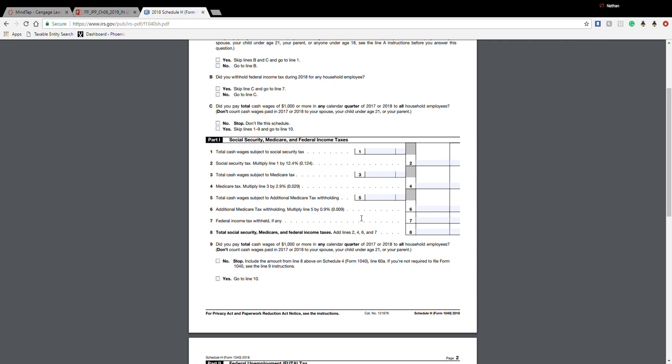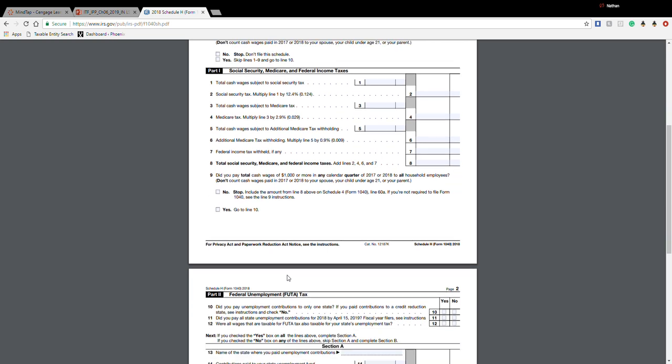But again, those are the thresholds that we do have. Alright, did you pay total cash wages of $1,000 or more? If no, stop. Again, this is one of those where you just go through the steps and look at what's going on.